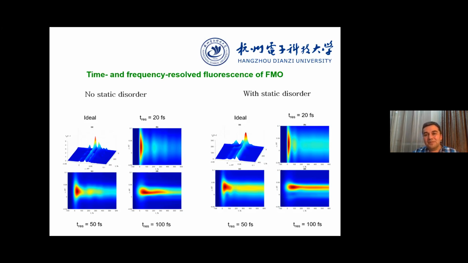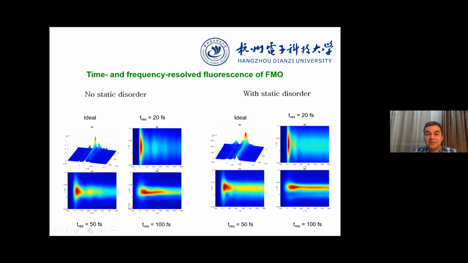People detected it, but on the nanosecond time scale. What I'm talking about here is femtosecond time and frequency resolved fluorescence. People, of course, did calculations of these signals for other molecular aggregates, but it seems that somehow FMO escaped probing by this time and frequency resolved fluorescence technique.